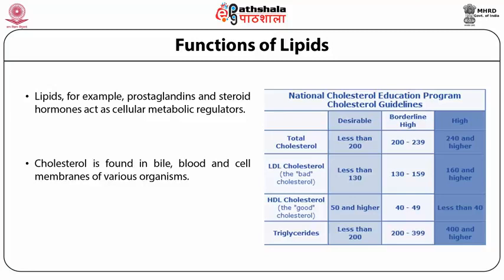On the other hand, HDL cholesterol, also called good cholesterol, has a desirable limit of 50 or higher; if it is less than 40, then this needs to be rectified. Similarly, triglycerides are required to be less than 200, as with total cholesterol, and a level of 400 or higher gives an indication of poor cellular metabolic activity.